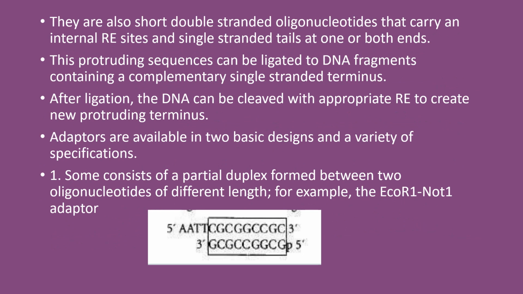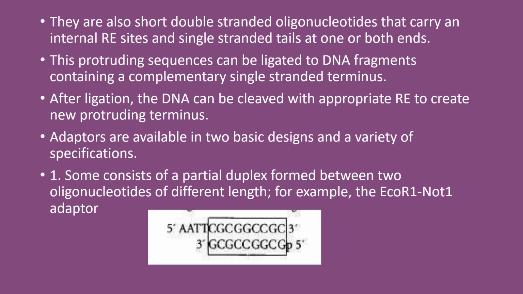They are also short double-stranded oligonucleotides that carry an internal restriction site and single-stranded tails at one or both ends. This protruding sequence can be ligated to DNA fragments containing a complementary single-stranded terminus. After ligation, the DNA can be cleaved with appropriate restriction enzymes to create a new protruding terminus.